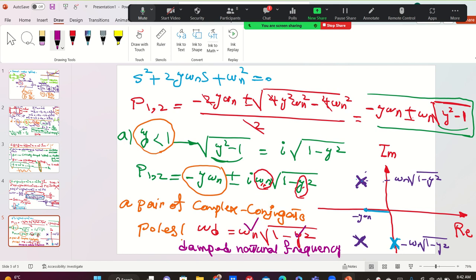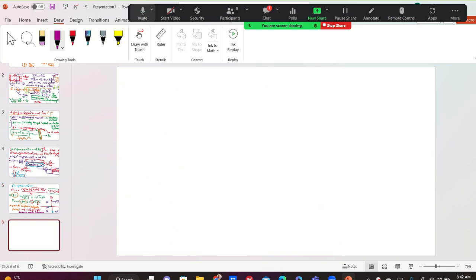So if your system is underdamped, I'm not done yet, okay? Can I go to the next page? Yes? So if your system is underdamped, the poles of the system can simply be written as a pair of complex conjugate poles, minus zeta omega n plus minus i omega d.